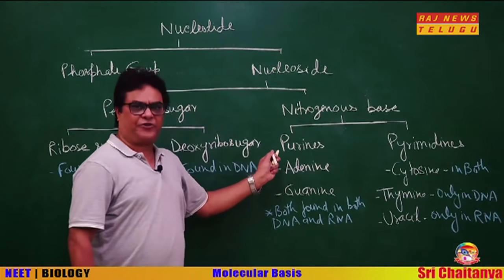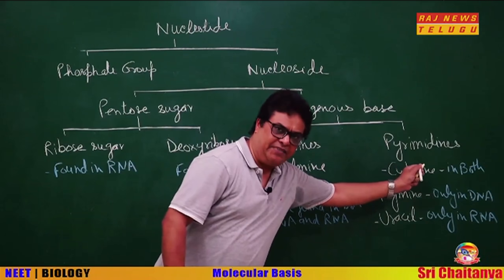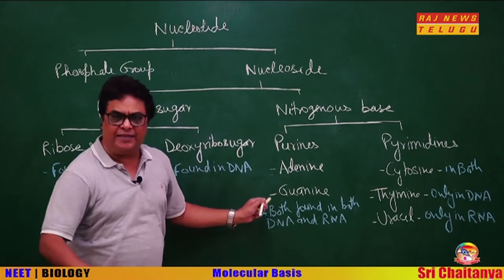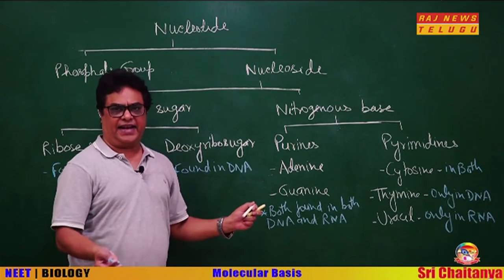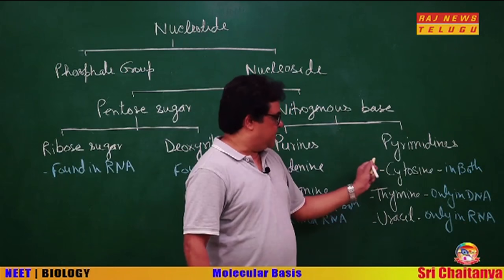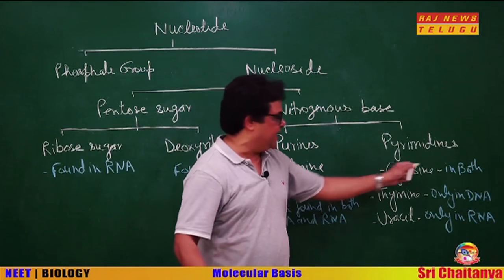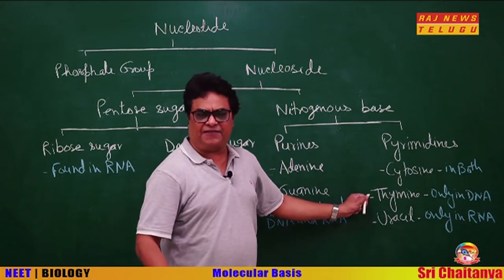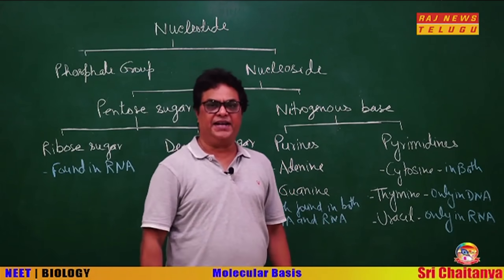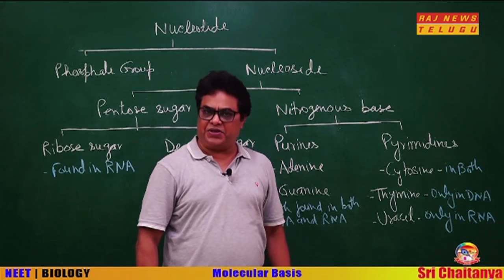Nitrogenous bases are of two types, purines and pyrimidines. Purines are of two types, adenine and guanine, and both are found in both DNA and RNA. Then pyrimidines are of three types. Cytosine is common to both DNA and RNA, but thymine is found only in DNA and uracil is found only in RNA. So this completes our nucleotides.